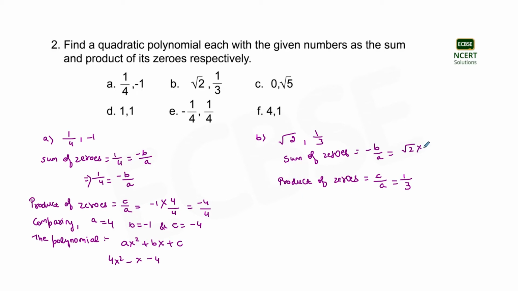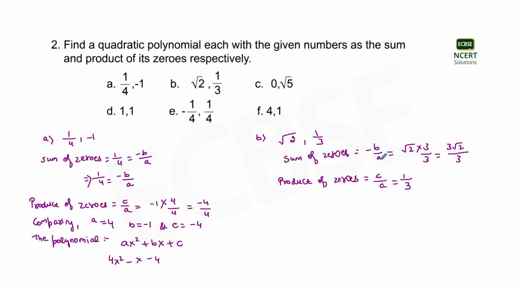So if we multiply and divide by 3, the number which we will obtain is 3√2/3. Again the same concept has been used. In order to make the a value specific, we will multiply and divide it with the number 3, as the product of the zeros has been given 1/3, and from here the a value comes out to be 3, but here it was equal to 1.